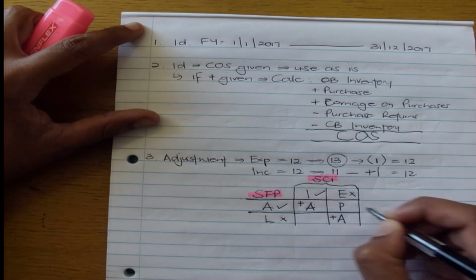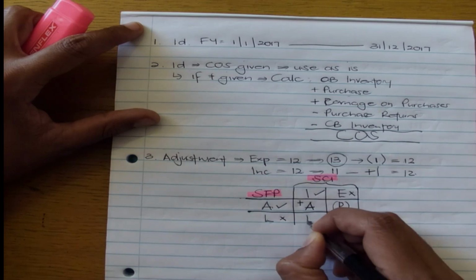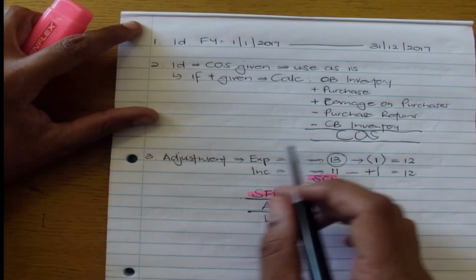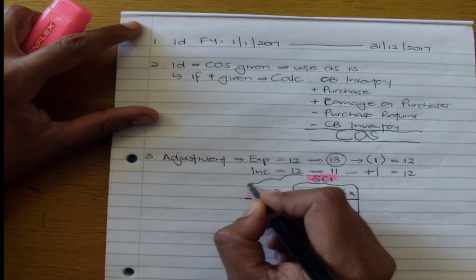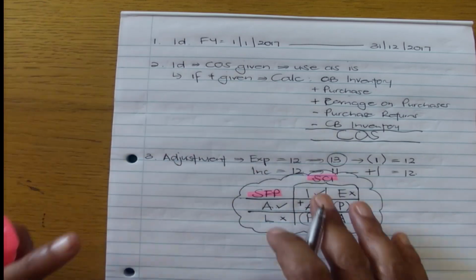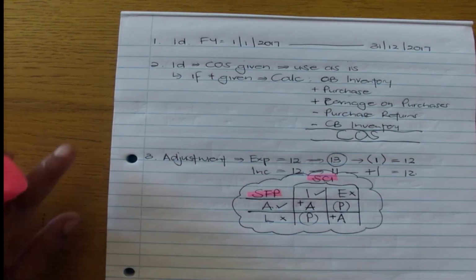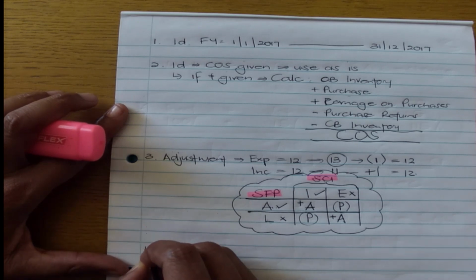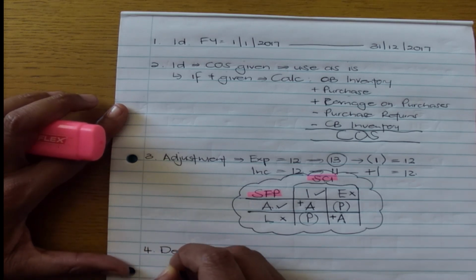So for a prepaid, you must minus, and it will go to an asset. Now guys, go and study this table. Okay. And then remember, adjustments is also depreciation. Fourth, then you're going to look for depreciation.